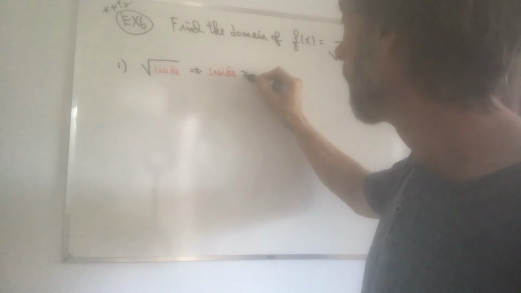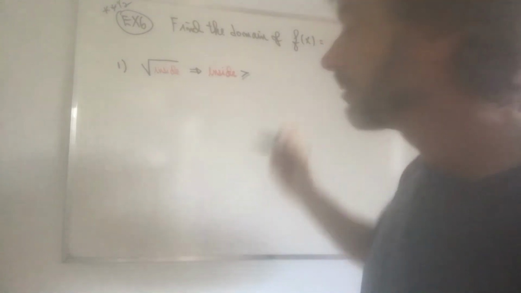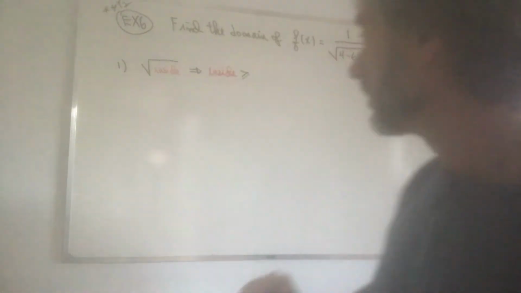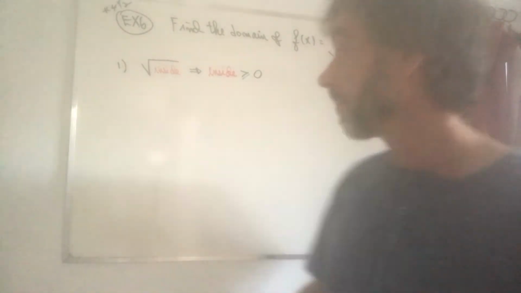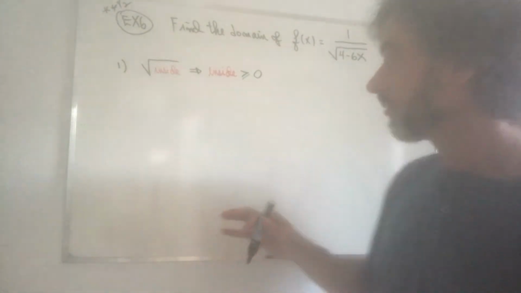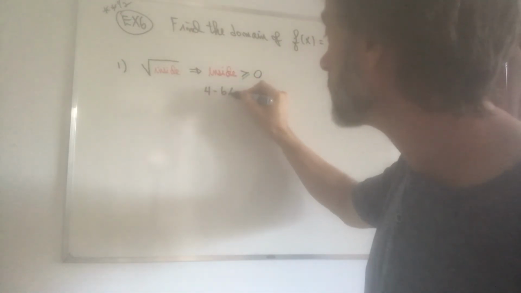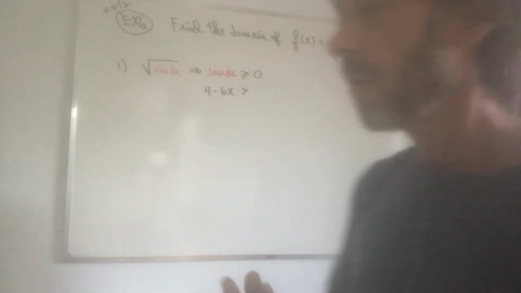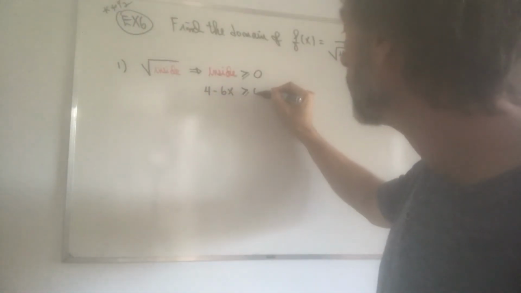Inside greater than or, and I'm going to put the equal here in green because I will want to discuss this with you in a moment. So inside greater than or equal to 0. That's in general what we do when we have a root, right? Now, my inside is 4 minus 6x greater than or equal, yet again in green because this is subject to change, 0.